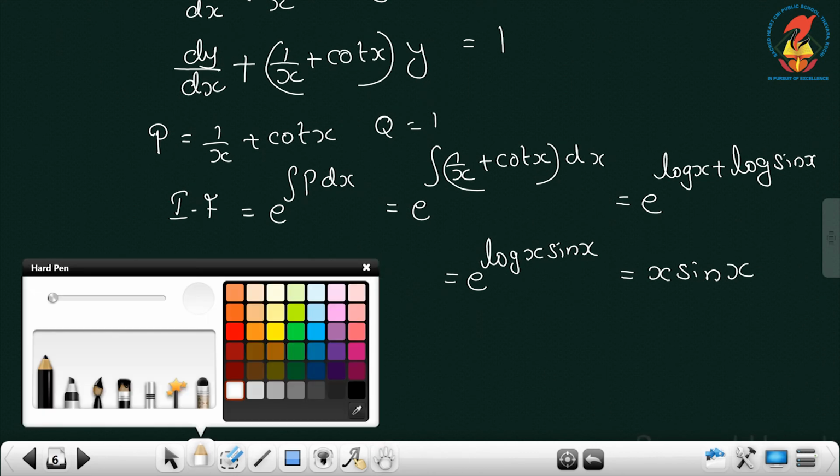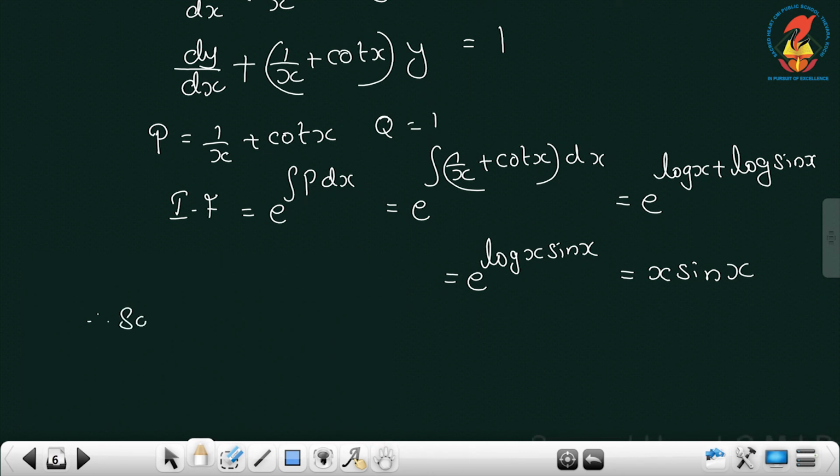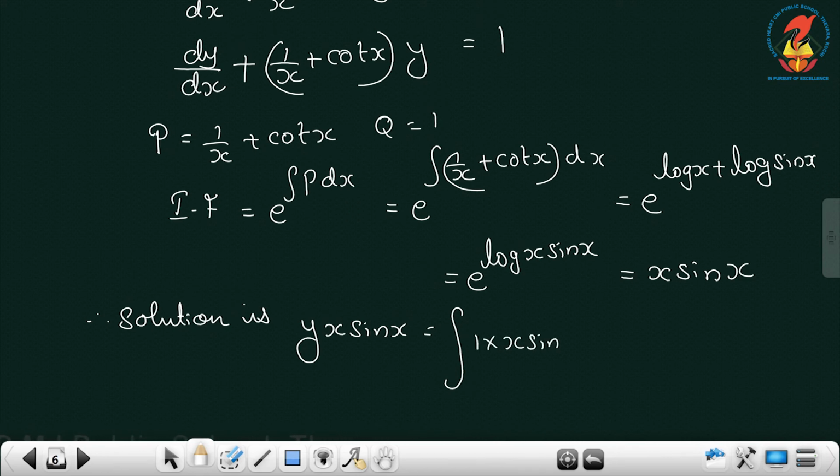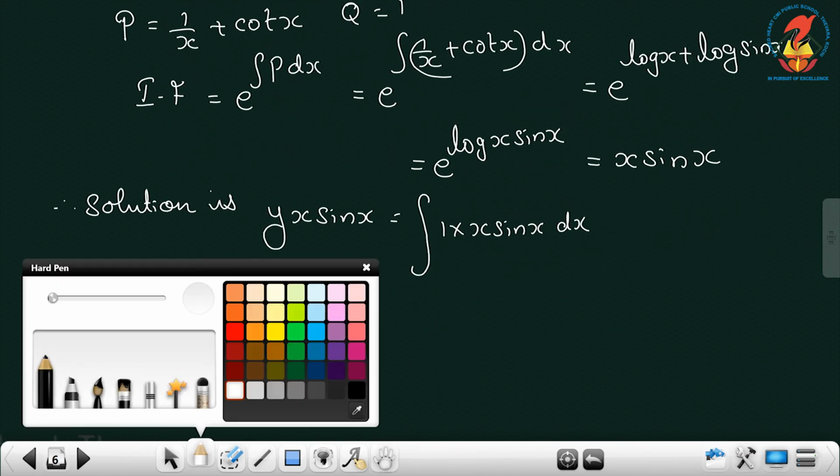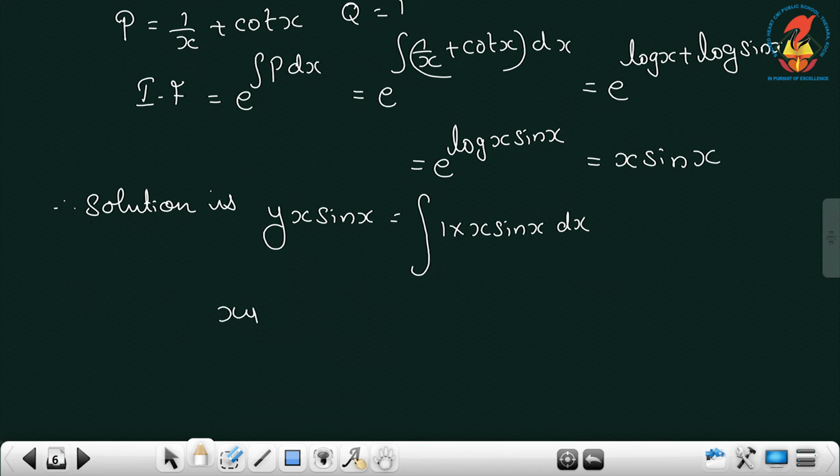Now the solution. Therefore the solution is y into the integrating factor, that is y into x sin x, so xy sin x is equal to the integral of the right hand side, which is constant 1. So 1 into x sin x dx, that is x sin x dx. Here also integration by parts. First is algebraic, then trigonometry.